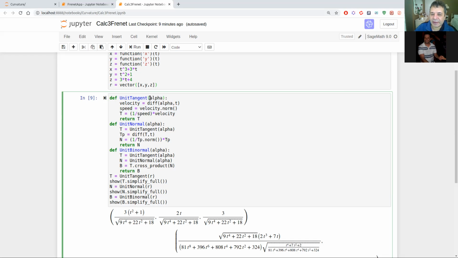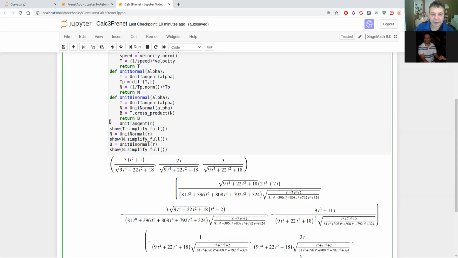It takes alpha, which is a vector, and it finds first the velocity, taking the derivative of alpha with respect to time, the speed, which is the norm of the velocity, and then it takes the unit tangent, which is the velocity divided by the speed. And it returns the T. Okay?